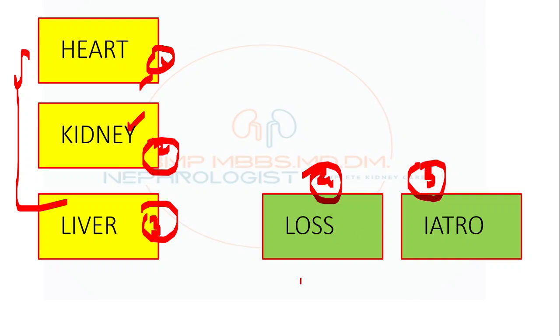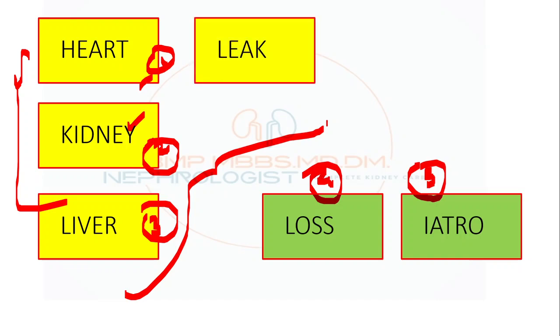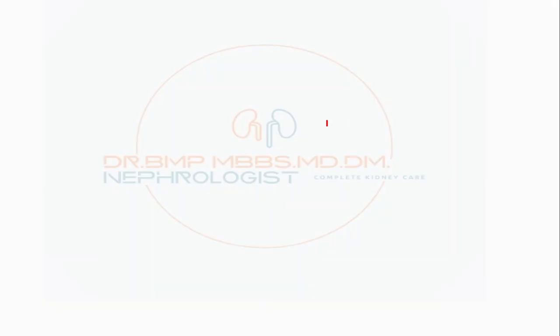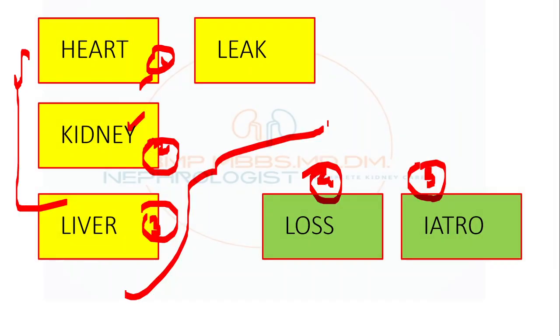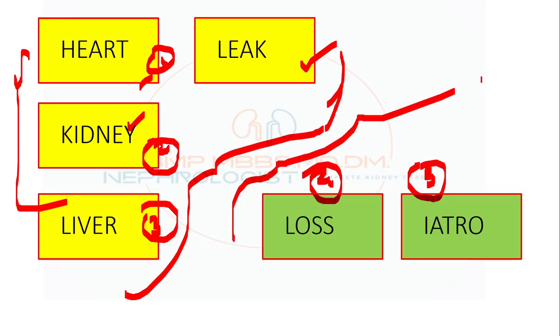Apart from these kinds of organ dysfunction, any other condition which causes some kind of capillary leak, as we see in dengue or sepsis or multi-organ dysfunction syndrome. In these leaky conditions, volume derangements can happen, or there will be loss from the body, or excessive intake due to iatrogenic supply.